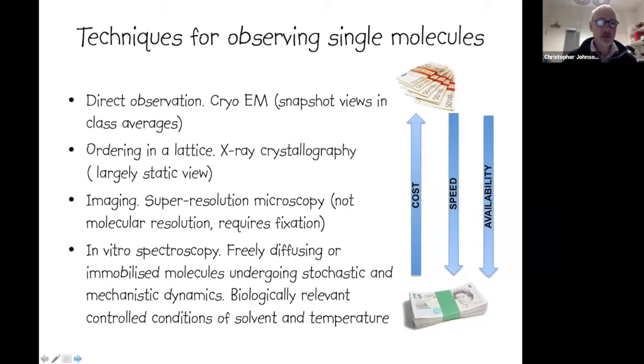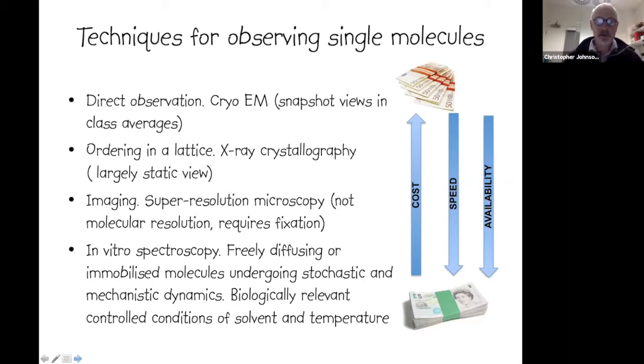And in that process, we're looking at freely diffusing or immobilized molecules. And these can undergo stochastic and mechanistic dynamics in solution. And by using simple solution spectroscopy, we're also able to apply biologically relevant conditions and control conditions in terms of solvent and temperature.